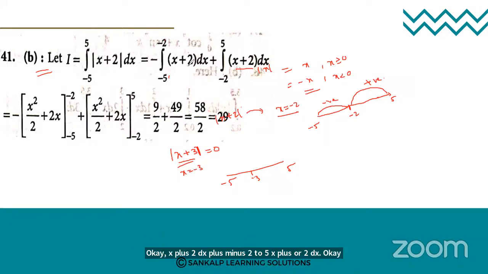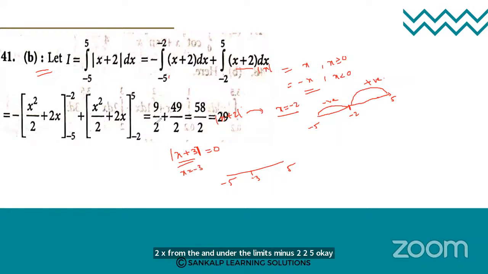When we integrate, the integral of x is x square by 2, and of 2 is 2x, under the limits minus 5 to minus 2. Similarly, x square by 2 plus 2x under the limits minus 2 to 5. Substitute the limits and subtract the result.